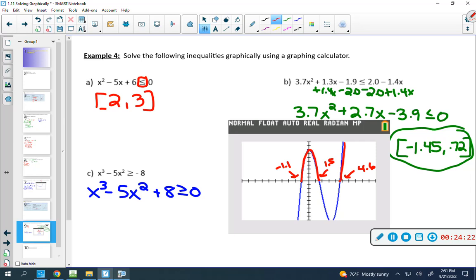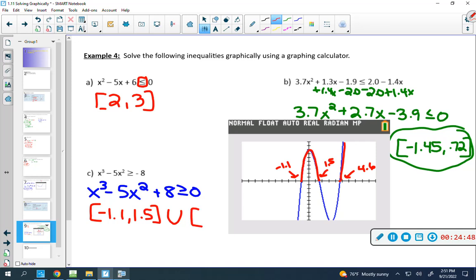Now, this part of the graph that's above your x-axis is the part that's between negative 1.1 and 1.5. So I'm going to have my and answer, or my interval, negative 1.1 to 1.5. So that's just that left red piece. I've got the other one. Or, gotcha.